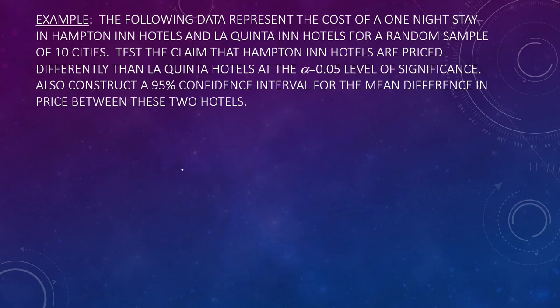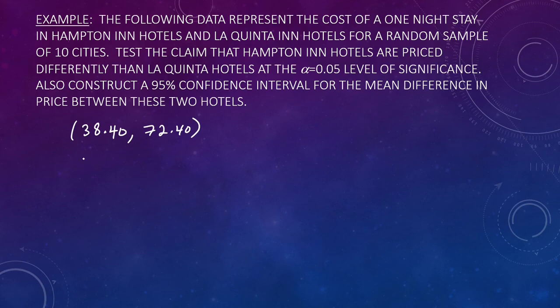Now let's construct a 95% confidence interval for the mean difference. From StatCrunch, we have the lower limit is 38.40 and the upper limit is 72.40. Now we're rounding these values to 2 decimal places because we are talking about money.